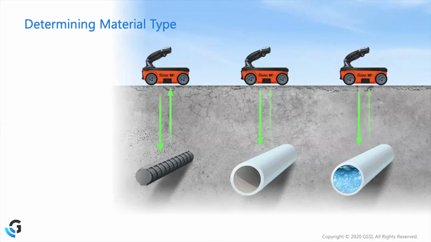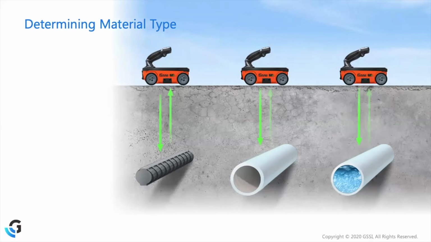Now the PVC, or whatever the encasement is for that particular linear target, is more or less irrelevant in this case because we're more concerned about what's inside of it. And that's what the radar is actually displaying to us. So in other words, if we see an air-filled PVC, the radar is going to react to that air, giving us a specific color pattern, which will help us then identify that material type based on what we're seeing in the data.